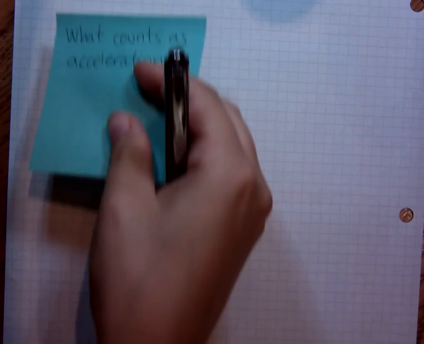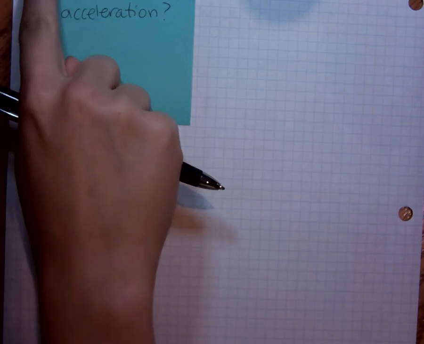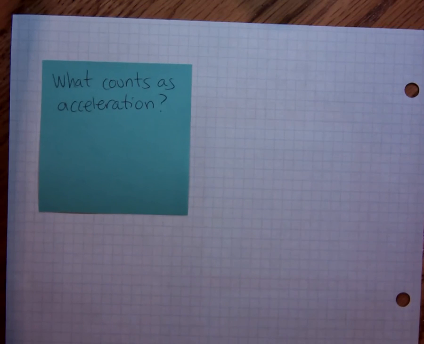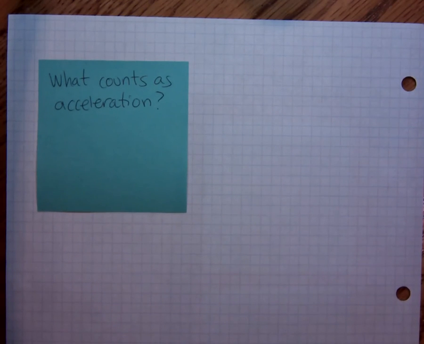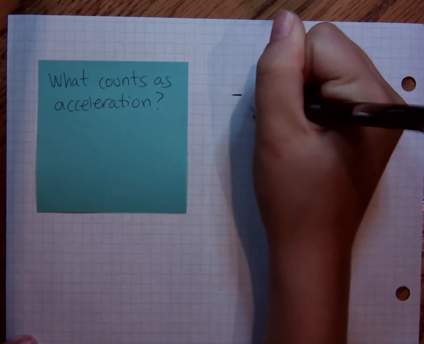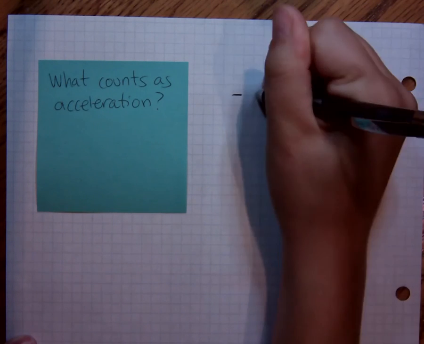The test also had a lot of questions about acceleration. What counts as acceleration? We went over this in class, and I think everybody had the list maybe memorized, but maybe not completely understood. What counts as acceleration?